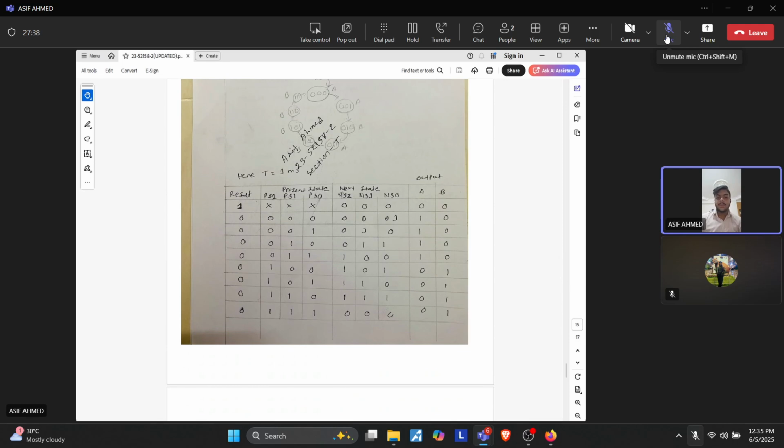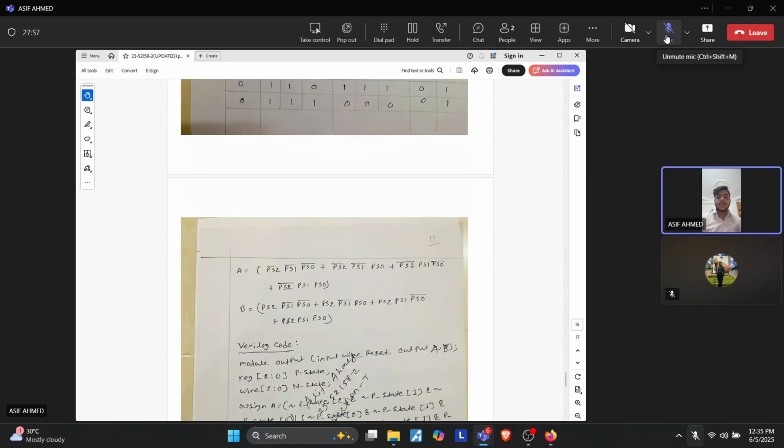Here 1 is available, so we have to see the present state: PS2, PS1, and PS0 are all 0. That's why we have to use PS2 bar, PS1 bar, and PS0 bar. It is simply the formula, and we follow the same rules.